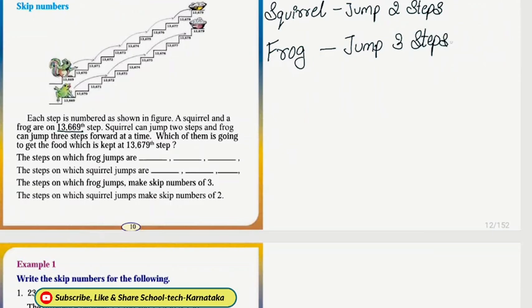Which of them is going to get the food which is kept at the 13,697th step?